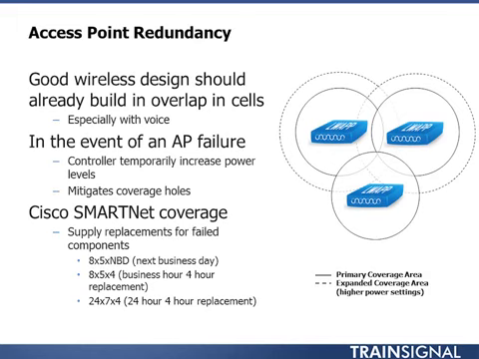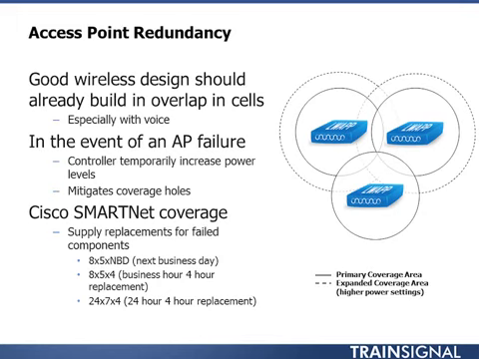If you're planning out for voice, you want to increase that up to 25, even 30% overlap. Of course, when you do overlap your cells, you do have to deploy more access points, so there is a cost implication, but again, the big advantage here is that you've now got coverage should you have one access point going out.